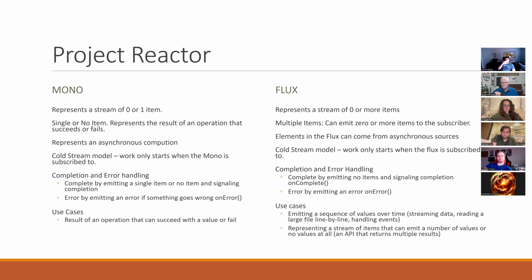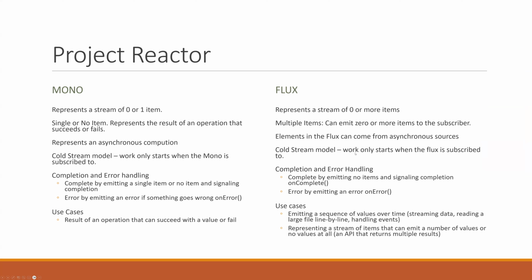It can emit 0 items or tons of items, right? Asynchronous, just like before. Let's see what else. Cold stream model again. It only starts the flux once it's subscribed to. This can save resources, but it also means there can be a delay. You might think that, hey, that flux is off there doing work for me.